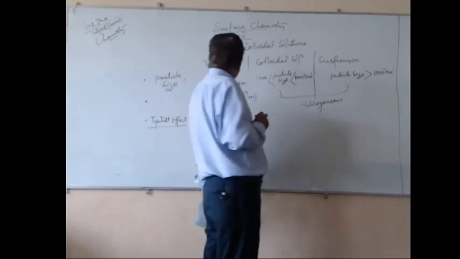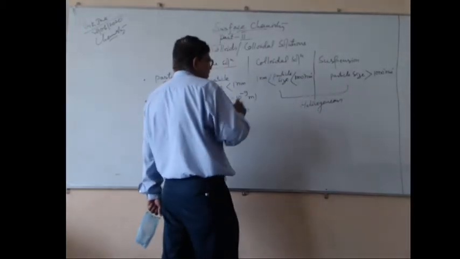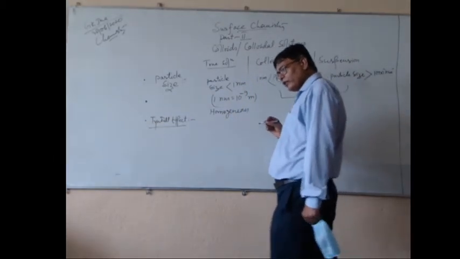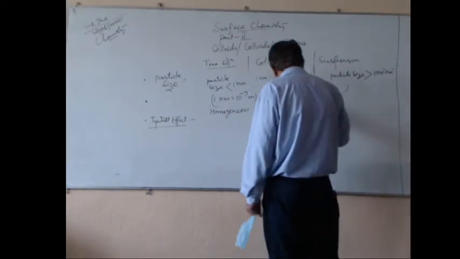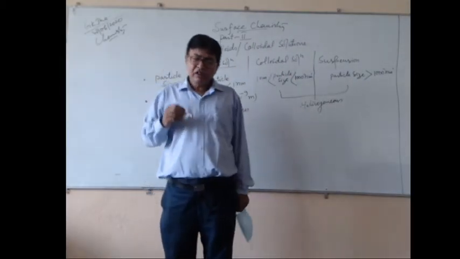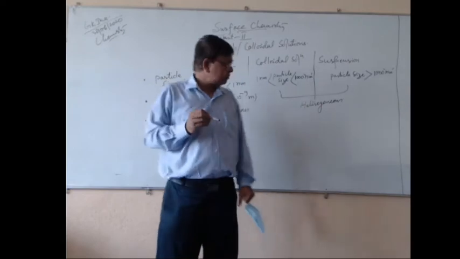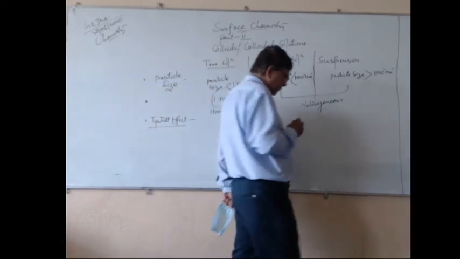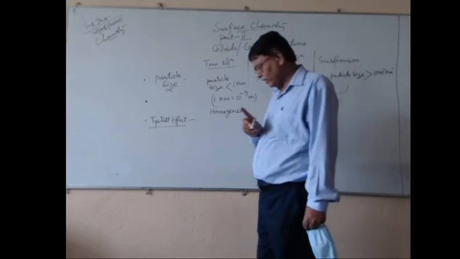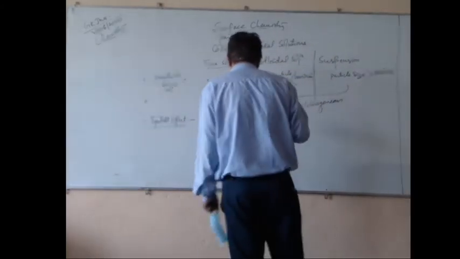In case of a colloidal solution, if light is passed through the colloidal solution in a dark room, you will find that the path of propagation of light becomes visible.